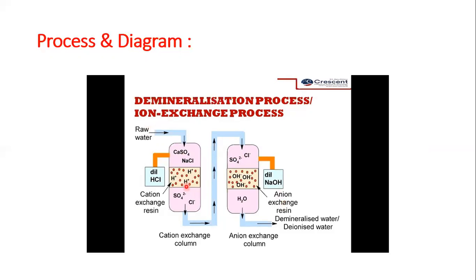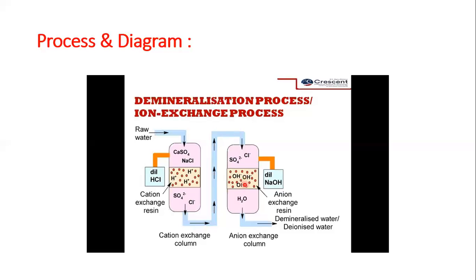That means the outgoing water sample is acidic in nature. This acidic water then enters the second column, or the second chamber, where the anion exchange resin has the OH minus in the loose form, which can easily exchange the anions which are present in the water sample.